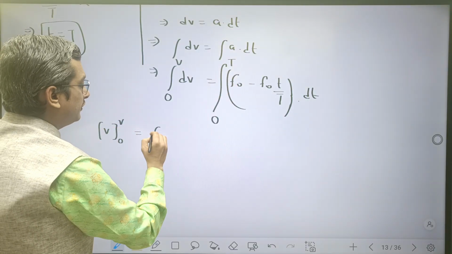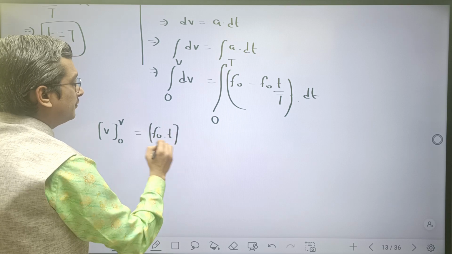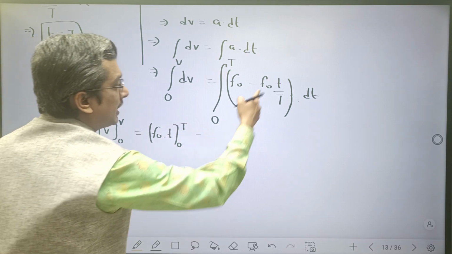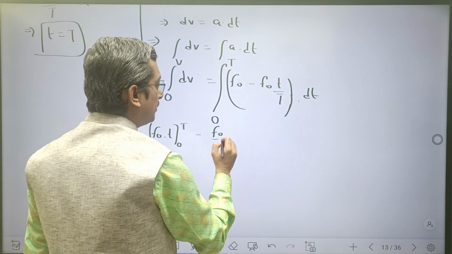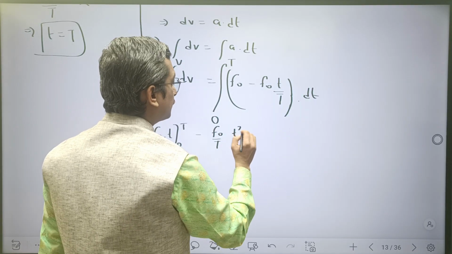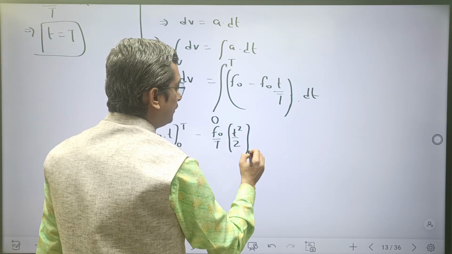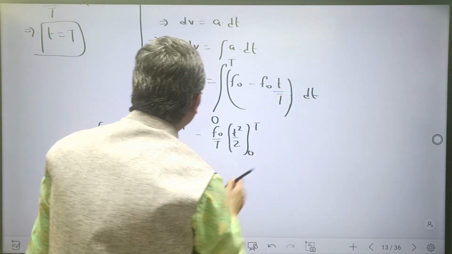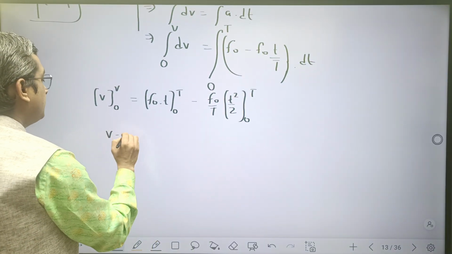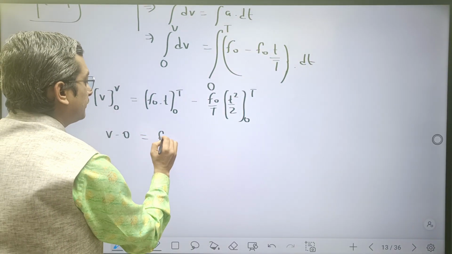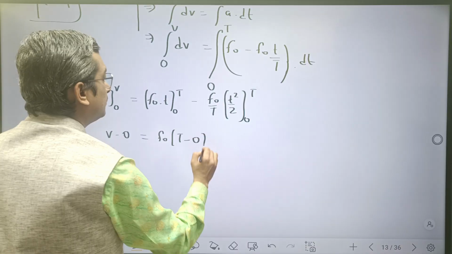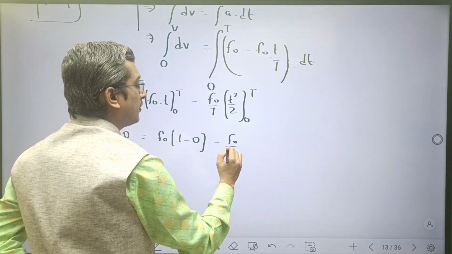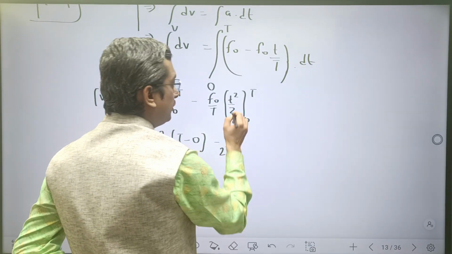So on integrating this, we will get f naught t from 0 to T, minus f naught by T, this is t square by 2, 0 to T. Integration of t is t square by 2. So this is v minus 0, and this is f naught T minus 0 minus f naught by T, and take 2 outside.